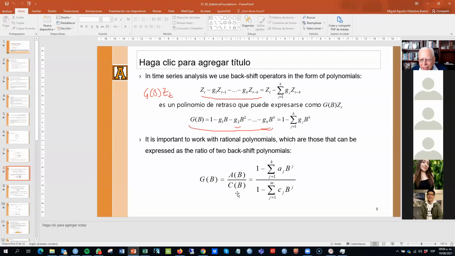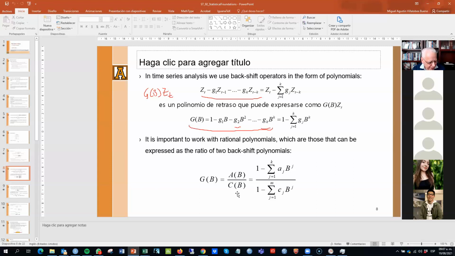And when you express it as a polynomial expression, it's the backshift operator with that same G constant, or is it another G, from the first line to the second line? It's the same G from the first line to the second line.